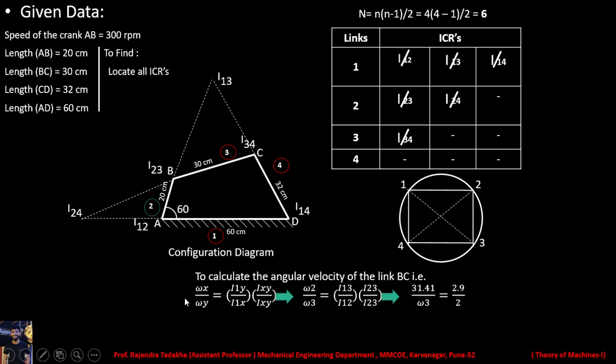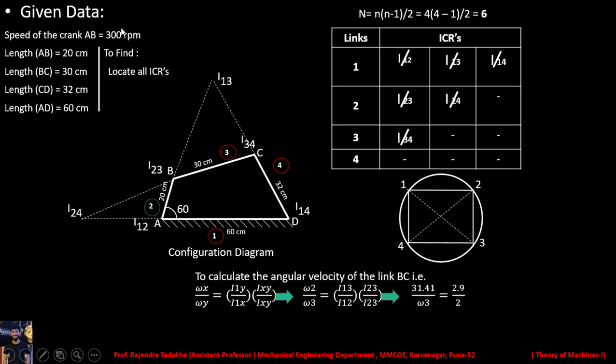In general, we write the angular velocity of link X to the angular velocity of link Y is equal to I1Y upon I1X into IXY upon IXY. Here omega X we take as omega 2 and omega Y we take as omega 3, because omega 2 is known as the speed of crank AB is given.